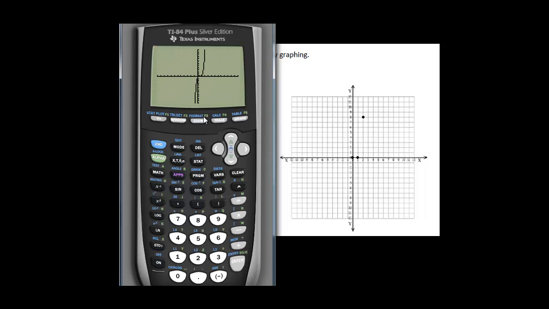What I'm going to do now is I'm going to zoom in on here just to see if there's any local max or mins. So I'm going to do a zoom box. Just right in here. Just to see what it looks like.